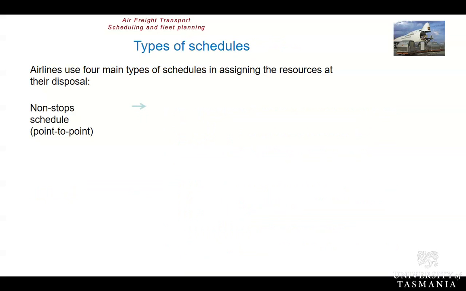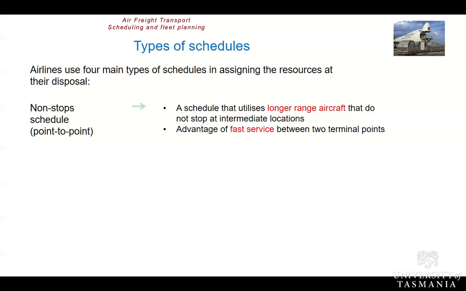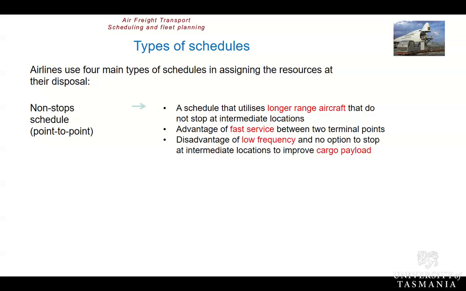Now, the 2 main schedules that are in use is what's called a point-to-point or a non-stop schedule. So this is typically your longer range aircraft going from one point to another and really not stopping along the way. So this is long haul flights in the main. So it's a fast service.